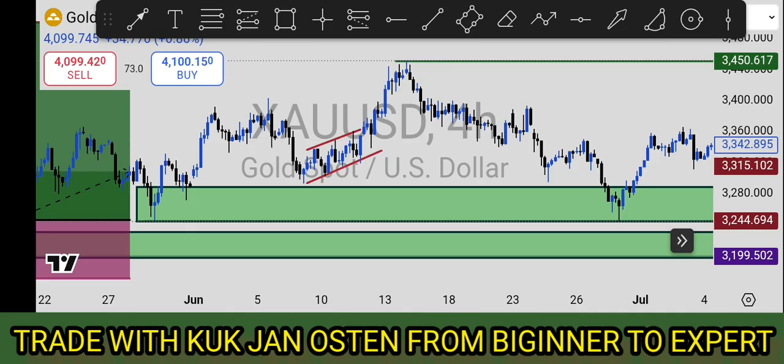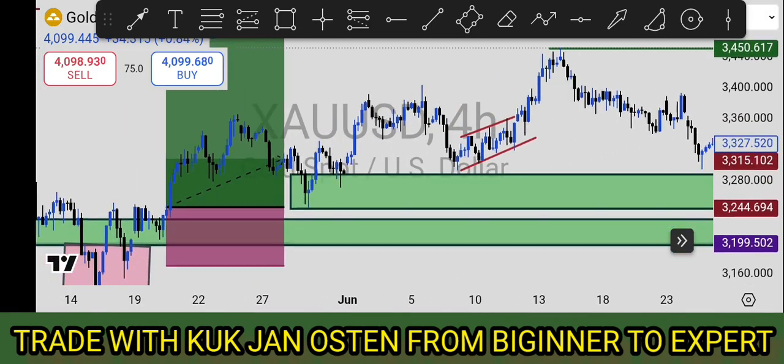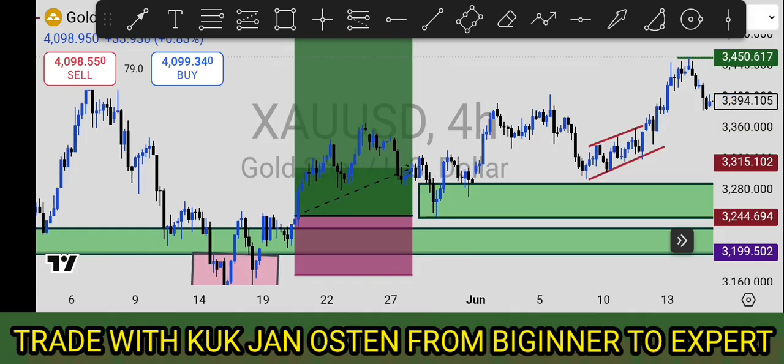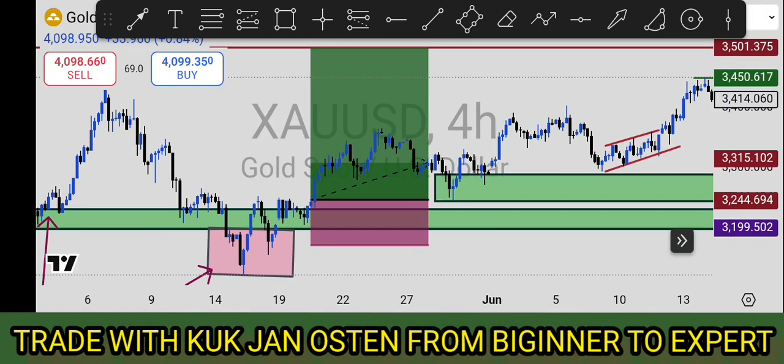I've simplified it in a way that whether you're a beginner, it can help you at this time, and you can trade the way I'm trading. Whether you are an expert looking to modernize or modify it, it can also help you. Okay, so I think if you combine it with your strategy, you are going to improve.